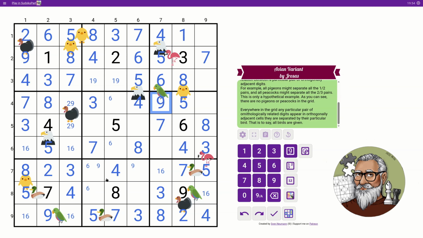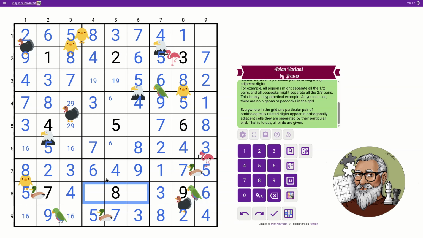And I'm still missing a 2. That's 6, 9, and 2 and 1. Wow. Right. 2 and 1.